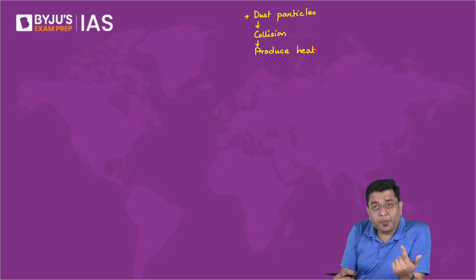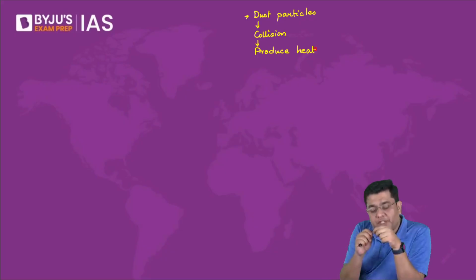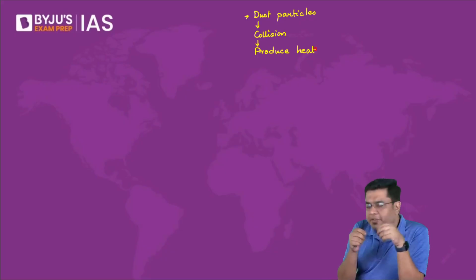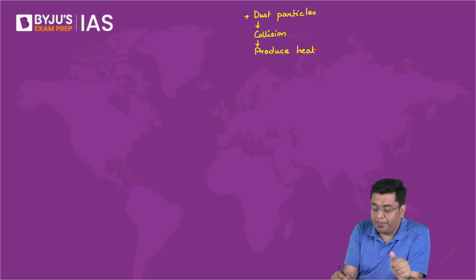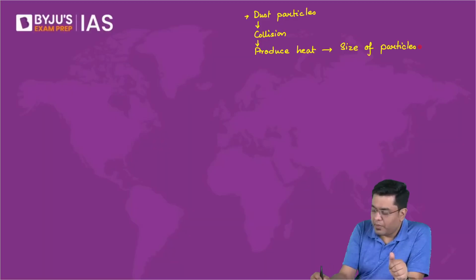Due to the heat produced, the materials would start sticking together, because anything which is hot, materials tend to stick to that because it gets molten, in molten form. So the size of the particles would increase.